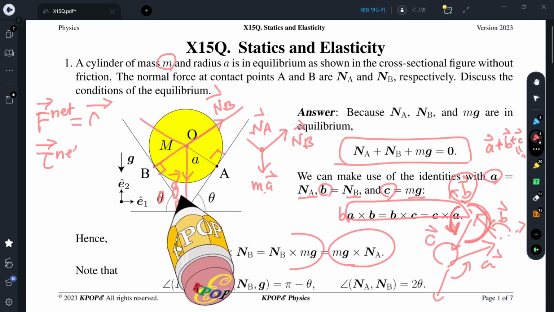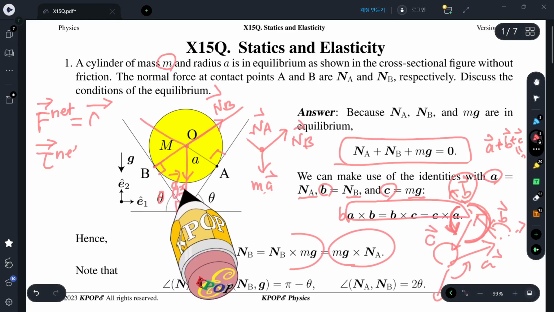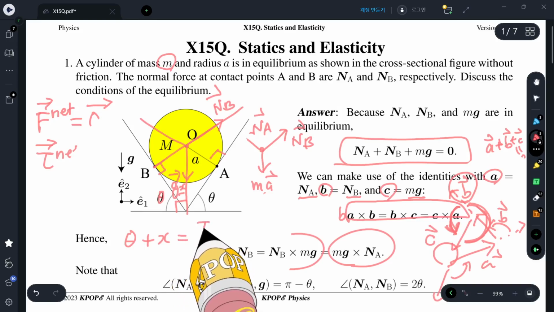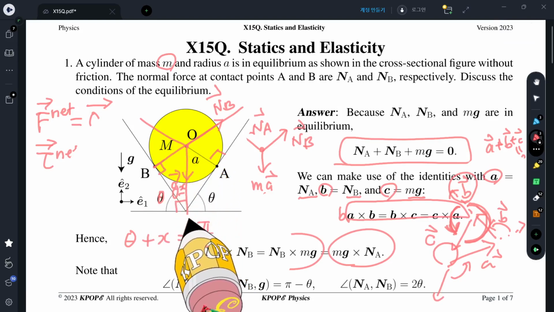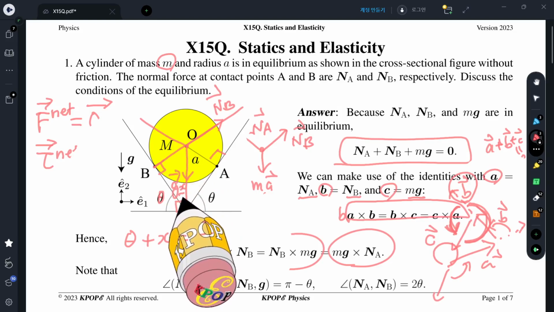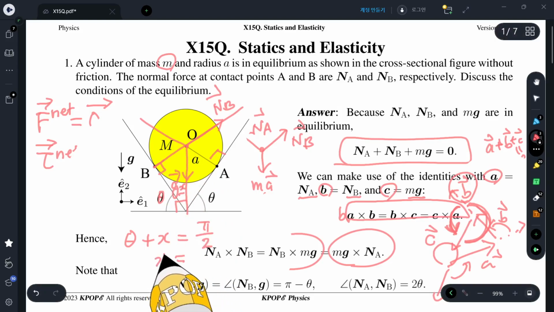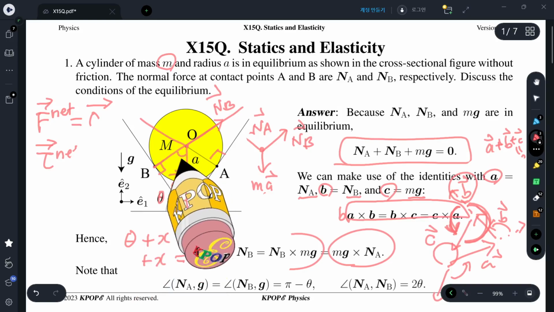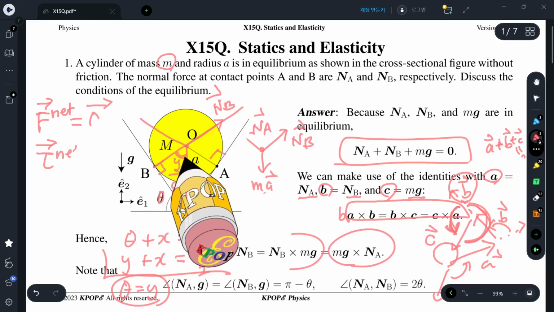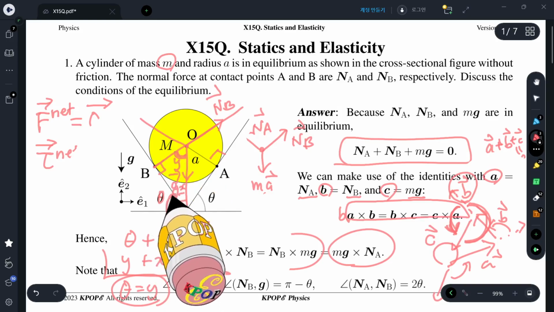So let me call this X. Theta plus X equals 90 degrees. And this is a right triangle. The sum of these two angles must be another right angle. So this should be y, and that y. Right angle. Subtract. We find that theta equals y. So this angle is the same as this angle.